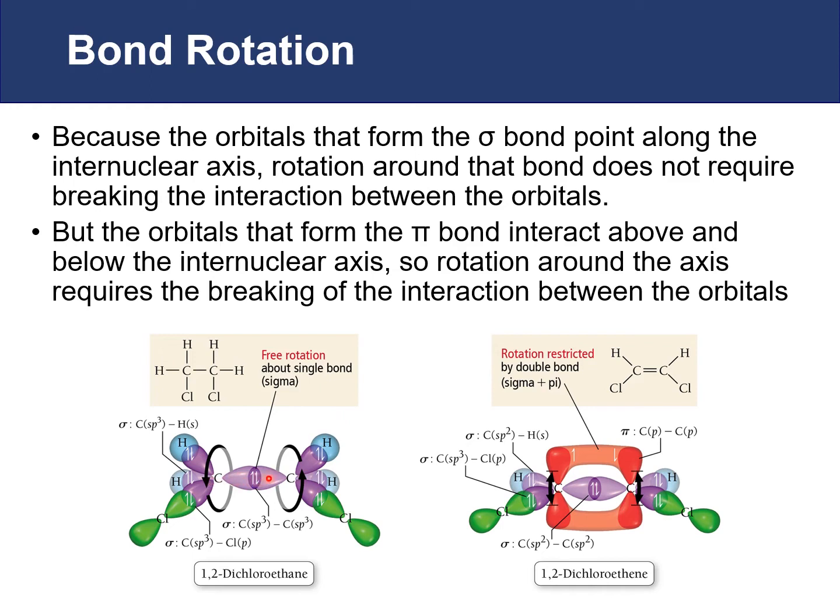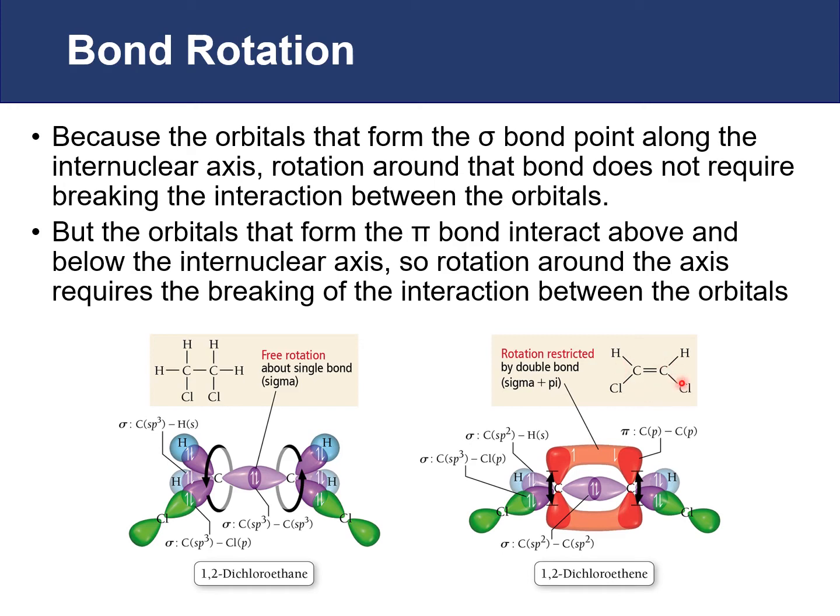So our sigma bonds are free to rotate. But the orbitals that form pi bonds interact above and below the internuclear axes. So if we wanted to rotate something with a pi bond, we would have to break the pi bond in order to do the rotation. As a result, things that have pi bonds do not rotate.